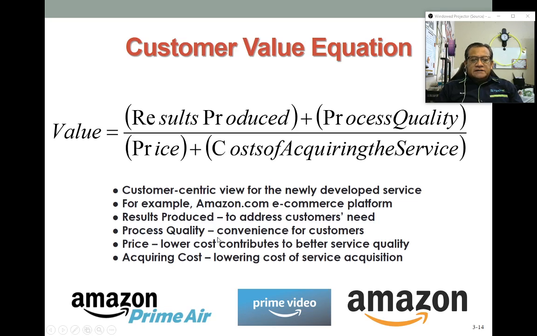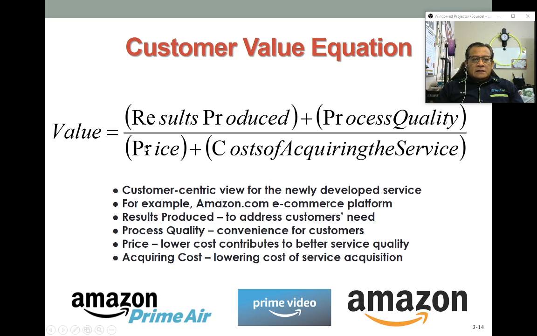Process quality refers to the convenience for customers. Amazon customers feel it is very convenient to make purchases at Amazon.com. If it is convenient, easy, user friendly, and very fast service can be provided, then Amazon.com gives a very high process quality index.